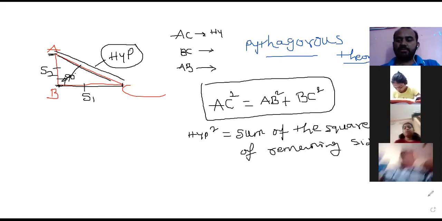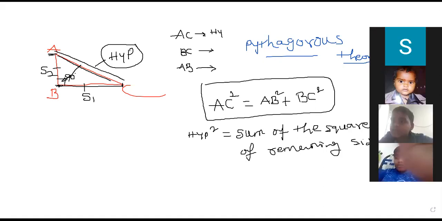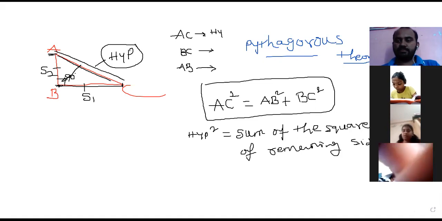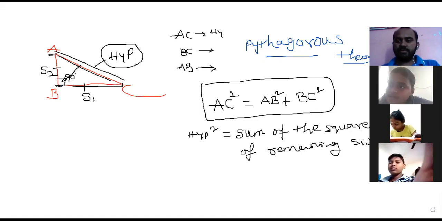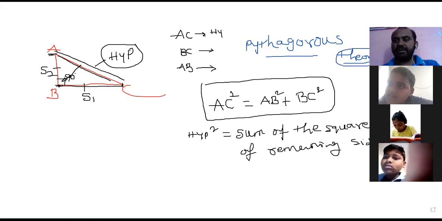Last 30 seconds to finish. Sir, what should we write as the heading? Pythagoras theorem.